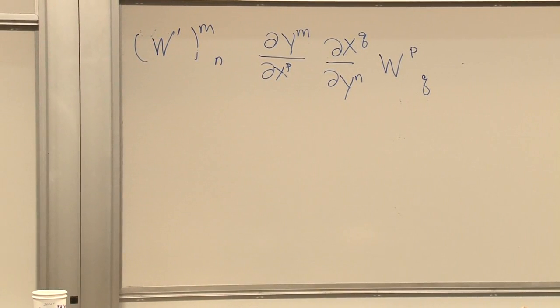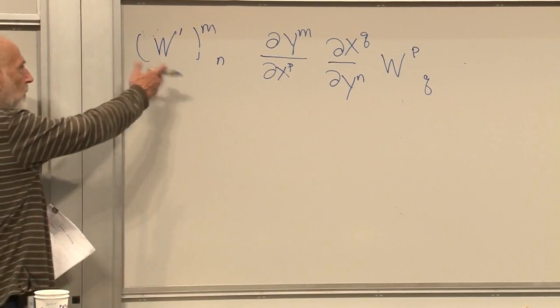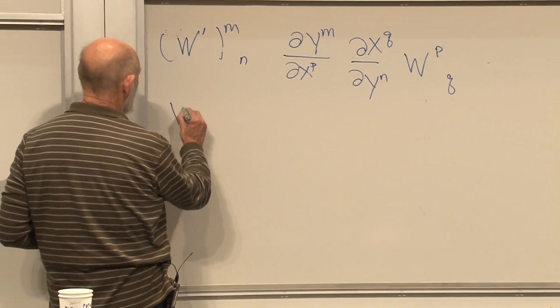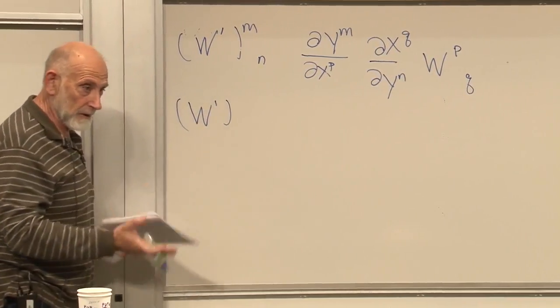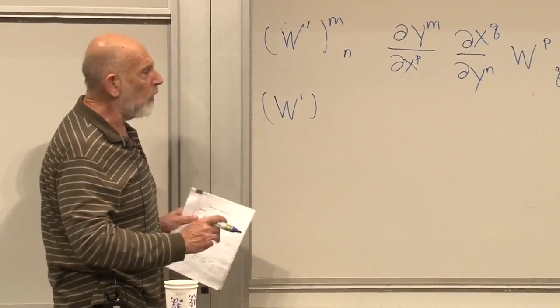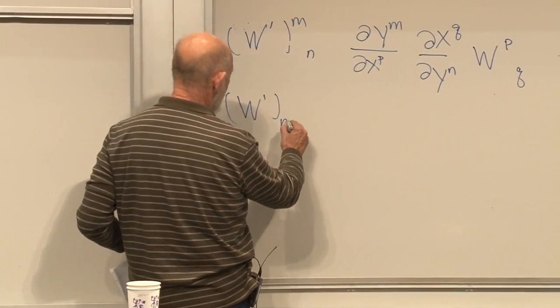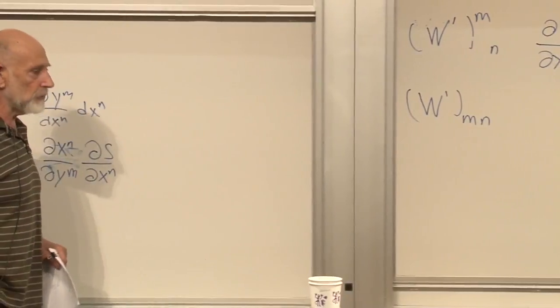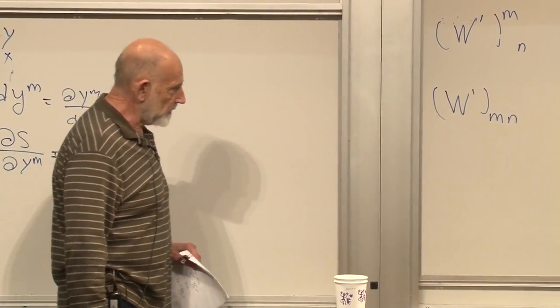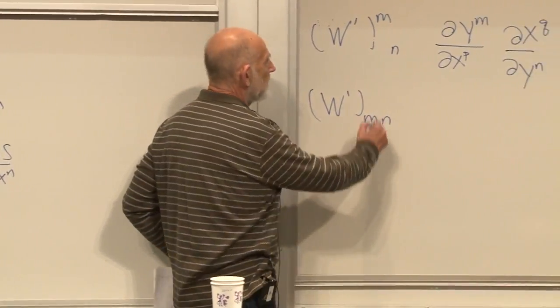If I take a tensor with any number of indices, oh, incidentally, let me do one other example. Supposing we had a tensor with two covariant indices, m and n. Just as another example, a tensor with two covariant indices, how does it transform?